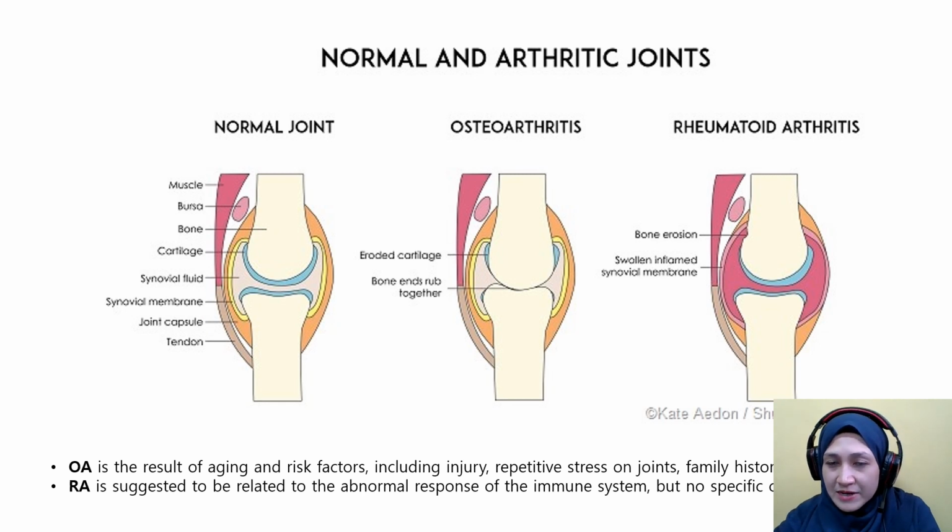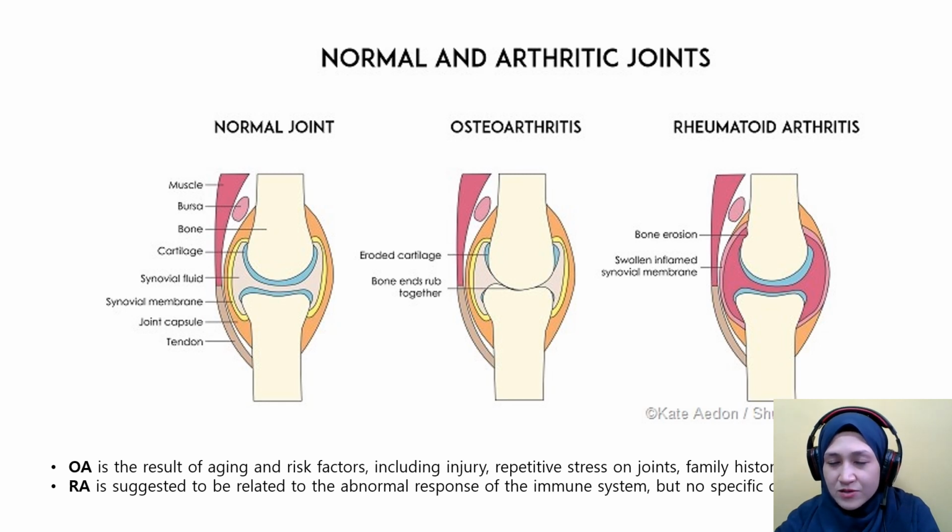Meanwhile, in rheumatoid arthritis, the cartilage is there, but there is an inflammation in the synovial fluid in the whole joint area. It can also cause bone erosion because of that swelling and inflammation.